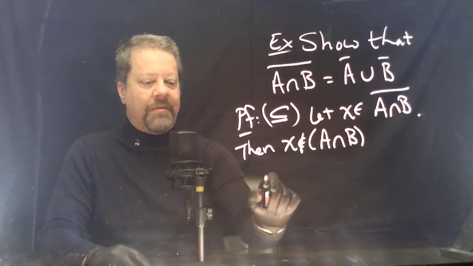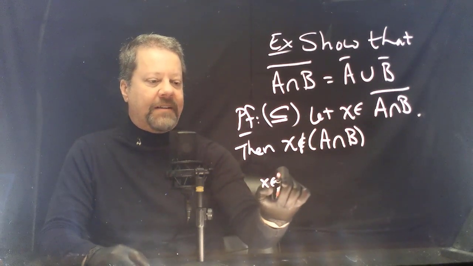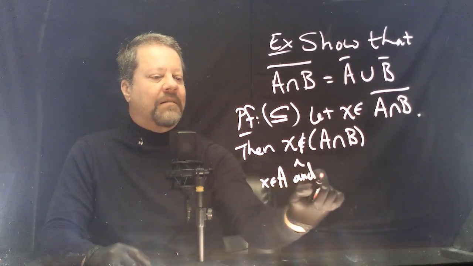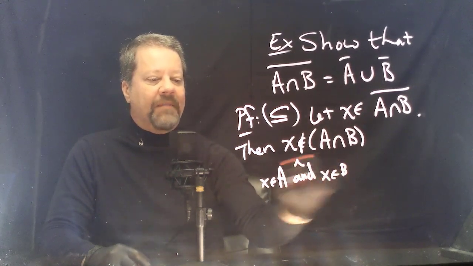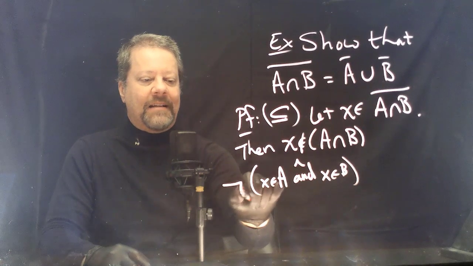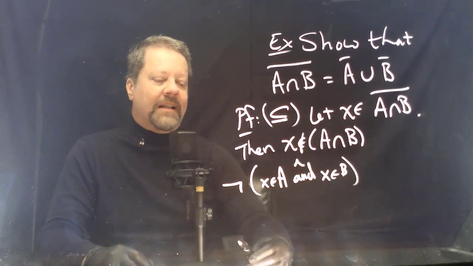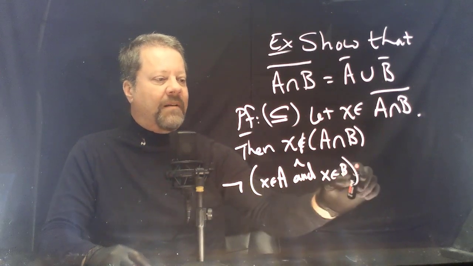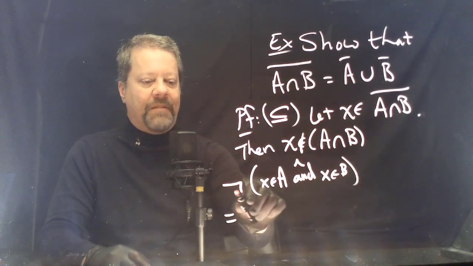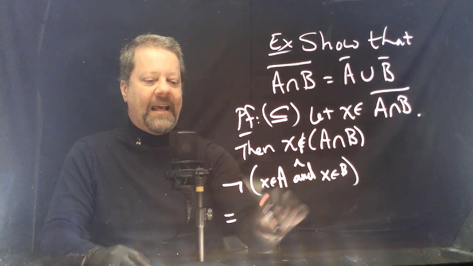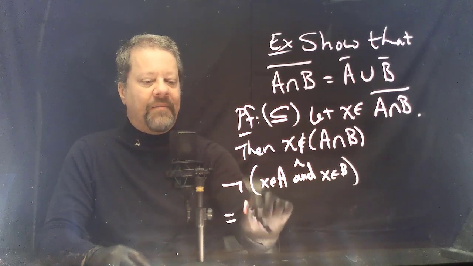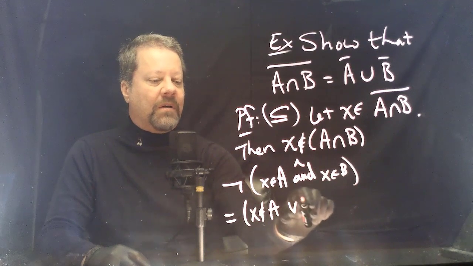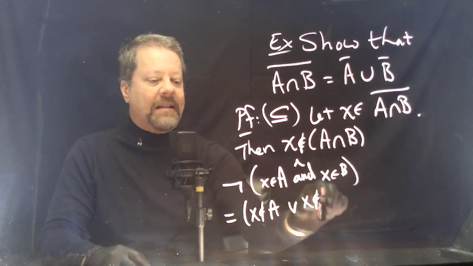Well, those are things that have X an element of A and X is an element of B. And we're saying that that's not the case. It is not the case that X is in A and X is in B. Well, we know what happens with a not and an and. What we get is X is not an element of A, or X is not an element of B.